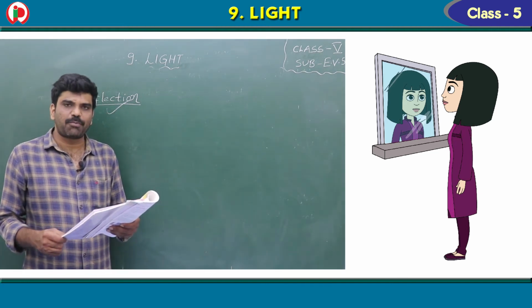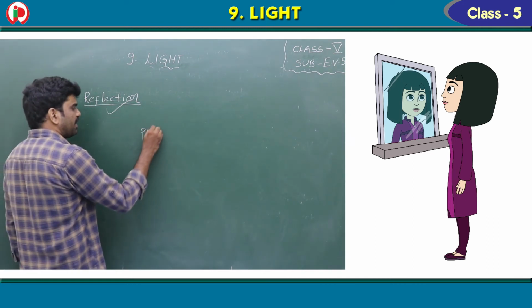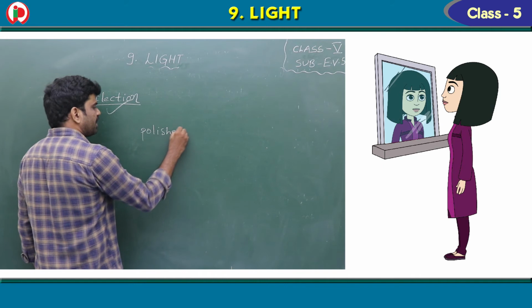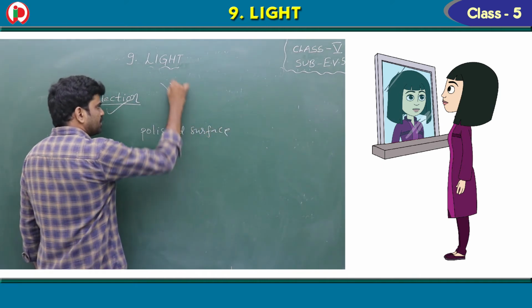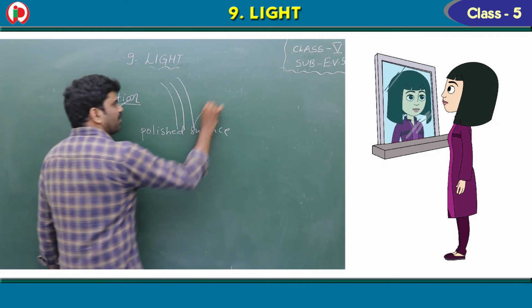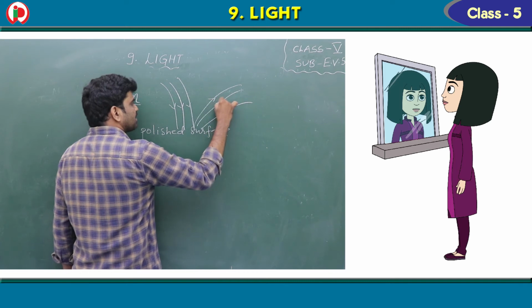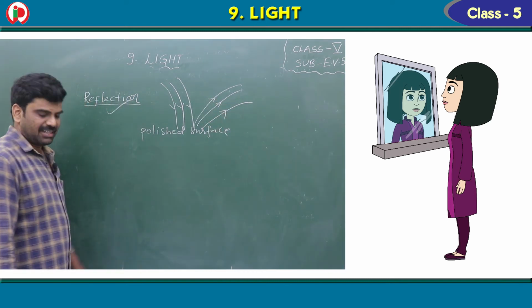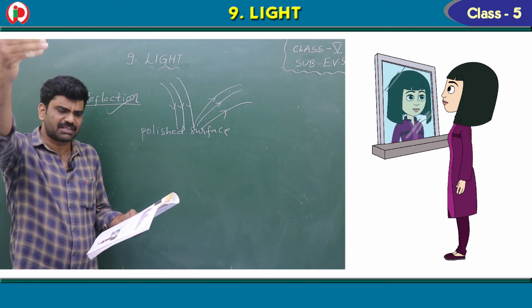When light falls on a polished surface, what happens? It goes back. So with a mirror or shiny or metallic surface, it bounces back.